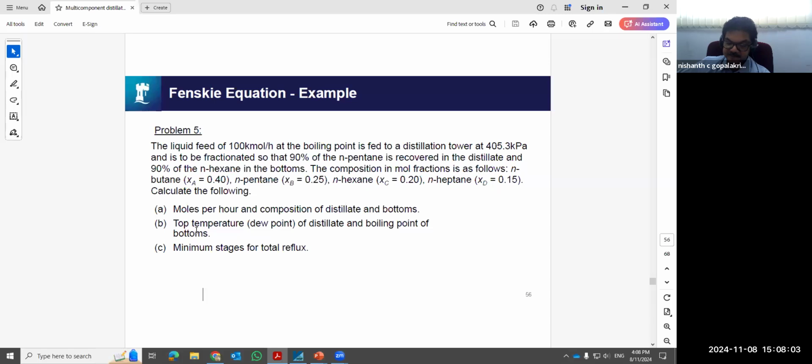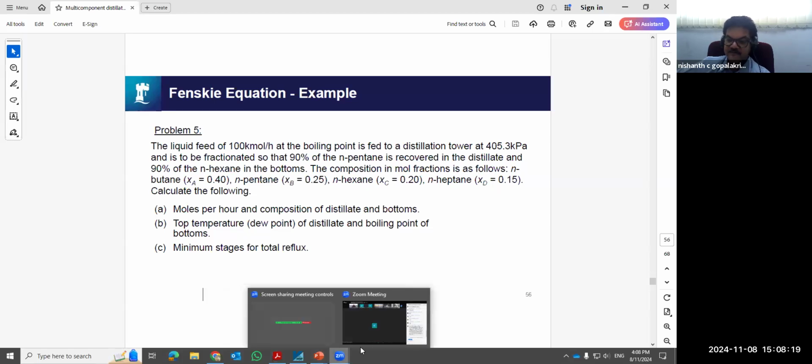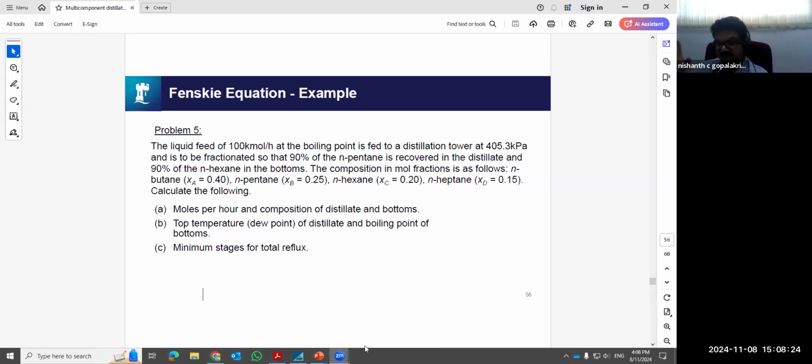So how about part B? How do we do part B? Now the question is the top temperature of the distillate and the boiling point of the bottom. So what's the top temperature? What's the bottom temperature? How do we do that? Now we have the top composition, the distillate composition, and we also have the bottom composition. So if we have the top and bottom compositions, how do we find the temperature of the top and bottom?